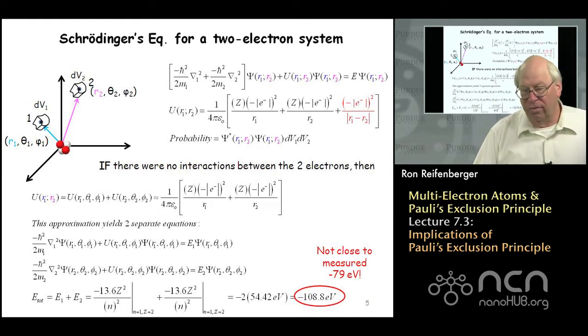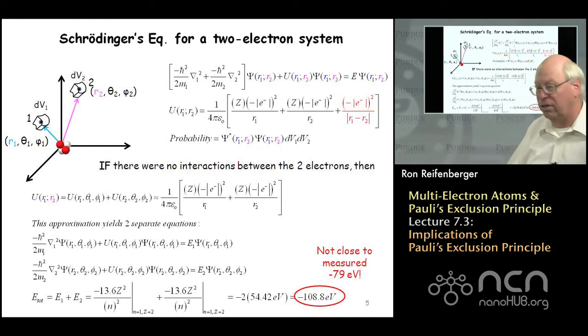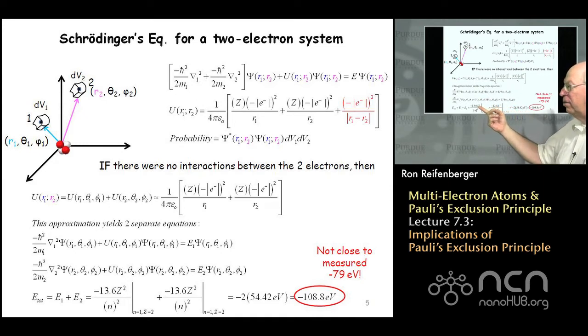The implications of that separation are that you can now calculate the energies of these two electron states. And to do that, you have to take into account the fact that the positive charge on the nucleus is now 2, right? And so you can use the results from Schrödinger's equation for the hydrogen atom. Turns out you just pick up an additional factor of Z squared, where Z is equal to 2 in this case. And what you find is that the total energy of those two electrons in this independent particle approximation is just minus 108.8 electron volts.